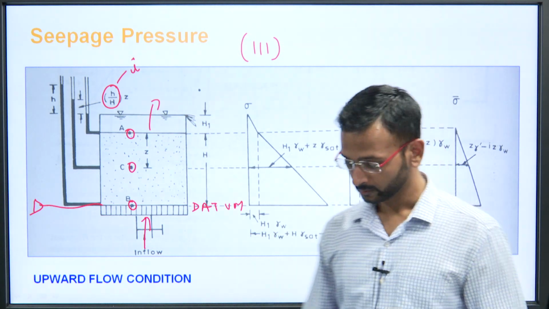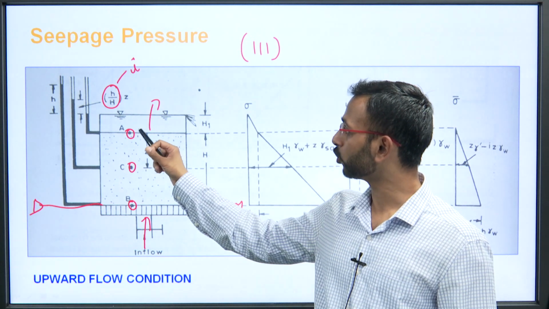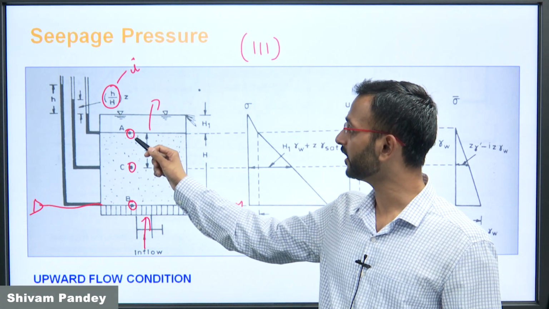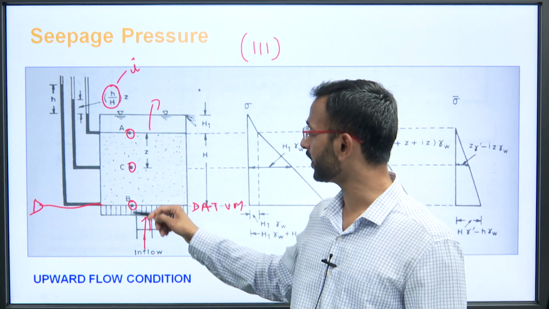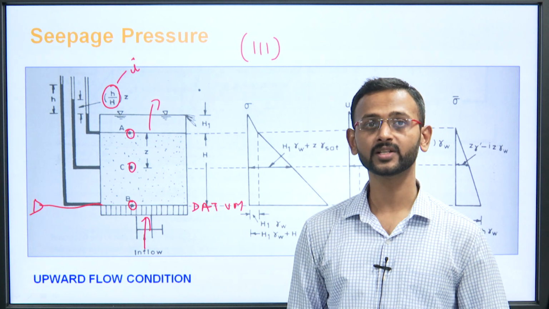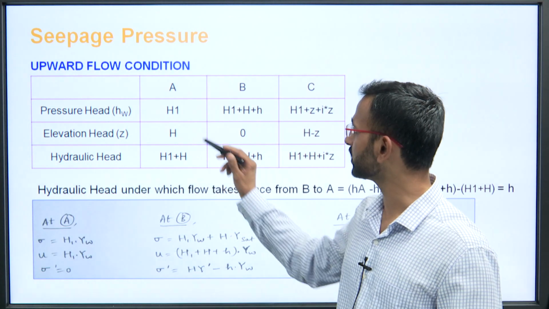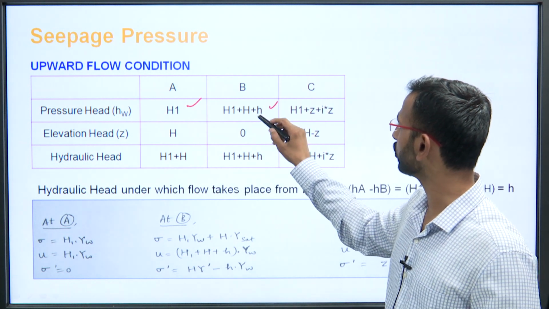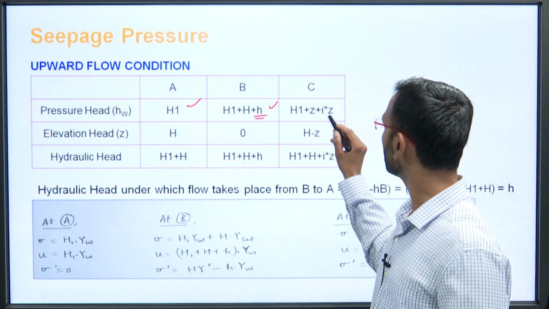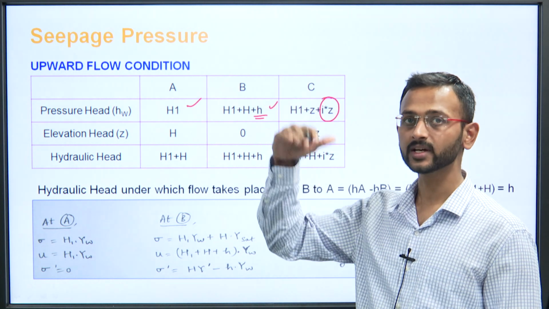So, understand here, we will be considering these 3 points again, and we will be calculating the total head here, that is the pressure head and the datum head, and at point B and at point C the different heads, and then we will be going on to the hydraulic head. So, the pressure head is H1 plus H plus H. So, here its value is plus H, and then this one is Iz value when we are moving up the soil section.